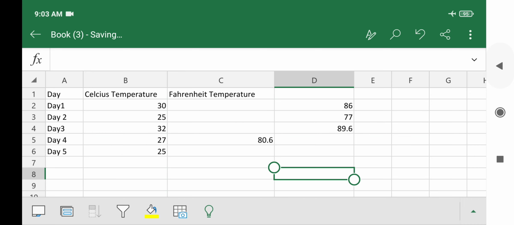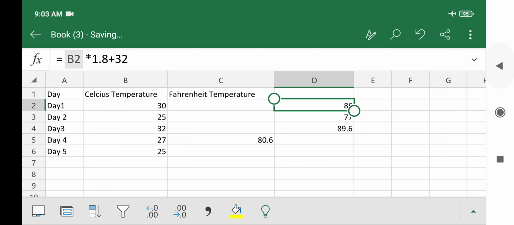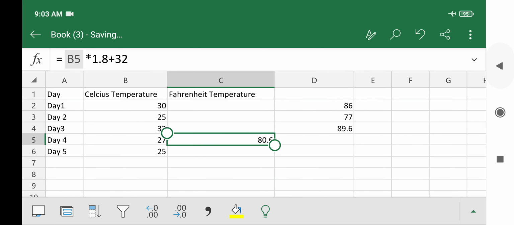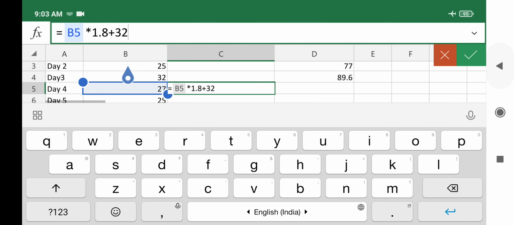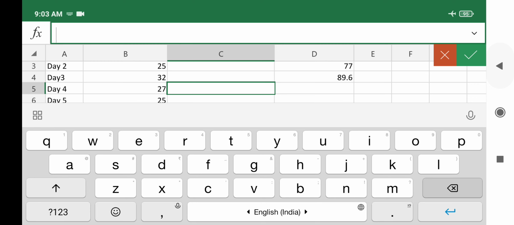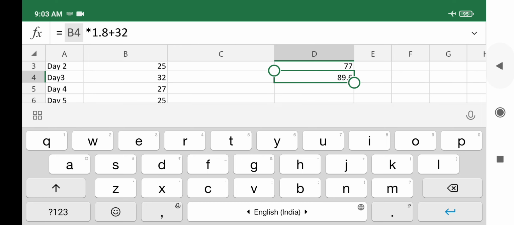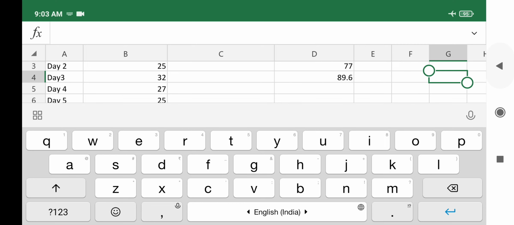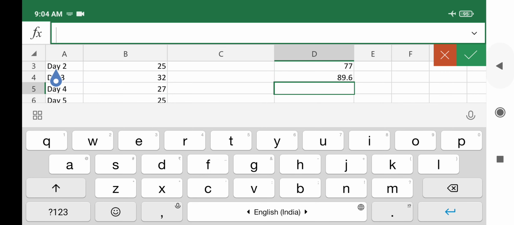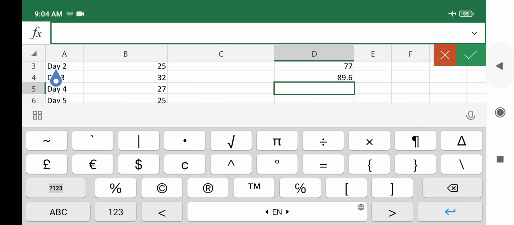The thing is that I am writing in the D column, so that's why it is coming over here. We need to write from here instead of this column. I can clear this value, because I'm storing it over here, so I have skipped one column.